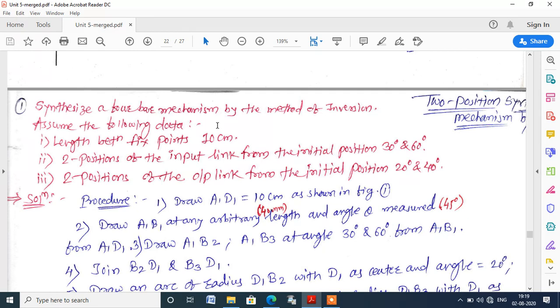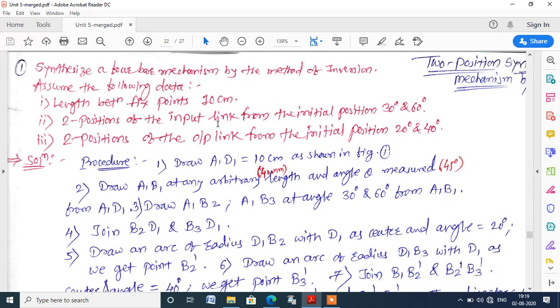You have to synthesize mechanism by method of inversion or relative pole method. So there are two methods of the dimensional synthesis, analytical and graphical. In graphical again there are two methods. So first graphical method is method of inversion and second graphical method is relative pole method.